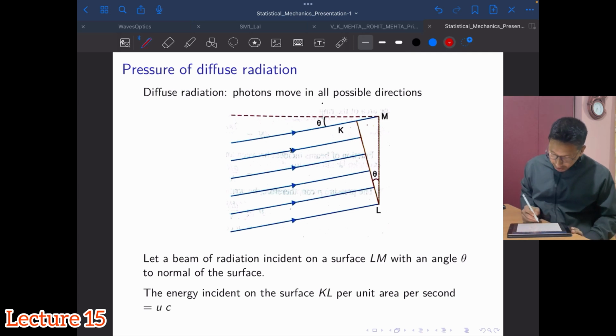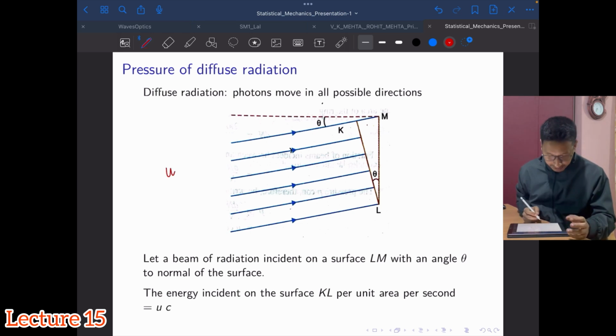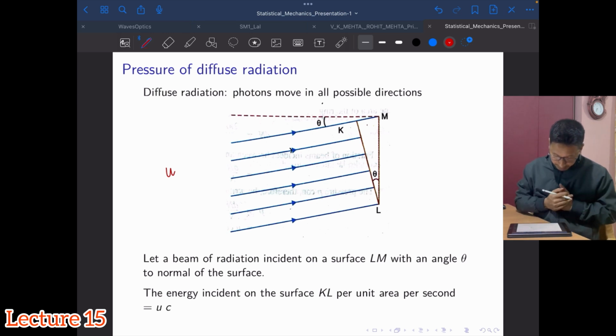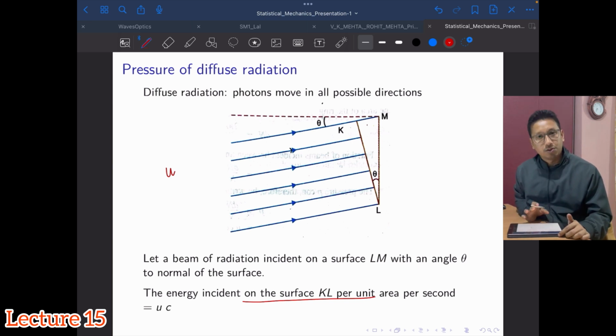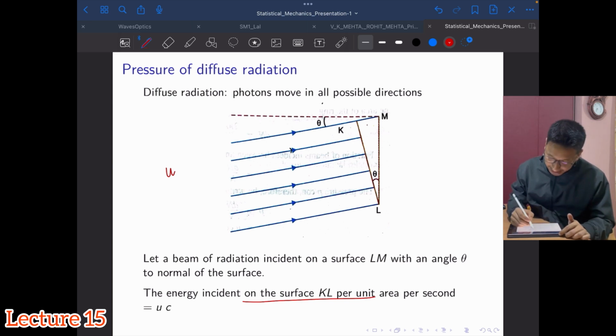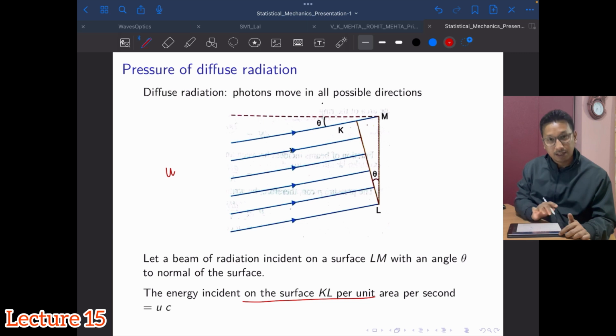So the energy density of this radiation is, let's say, U, and these photons are moving at the same speed, the speed of light, which is c. The energy incident on the surface KL per unit area per second is UC, which we have already discussed. KL is the plane perpendicular to the beam of radiation, and U is the energy density.